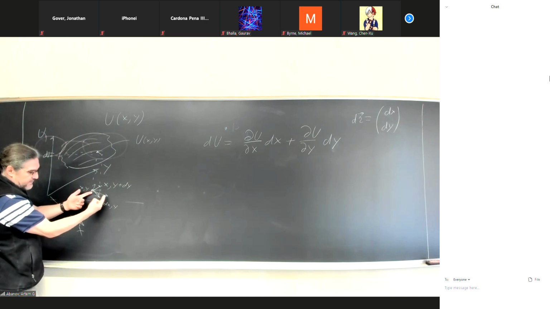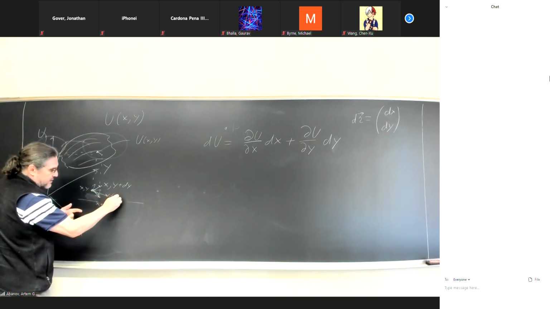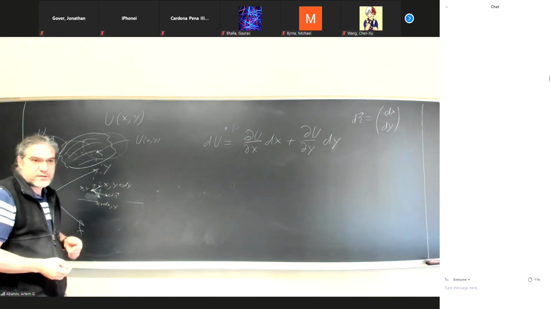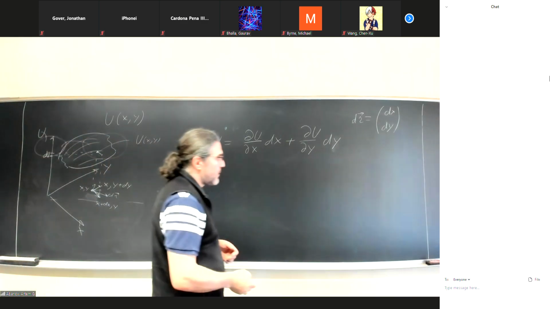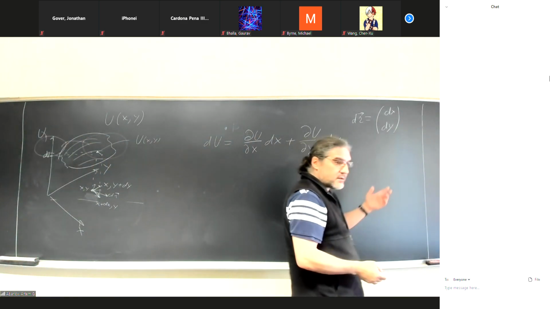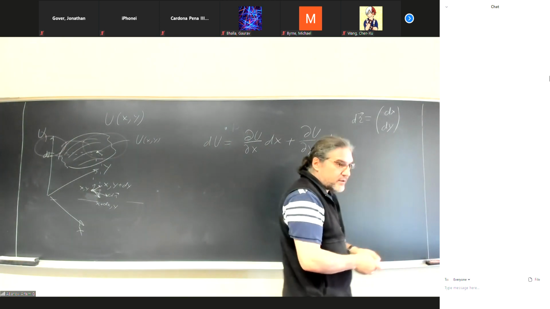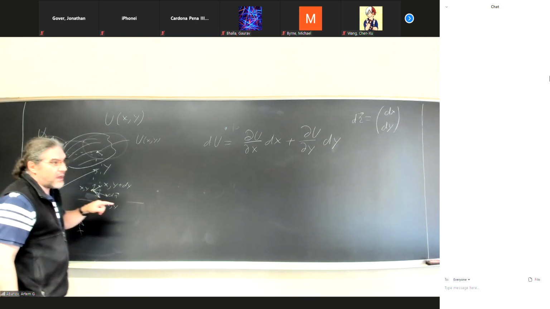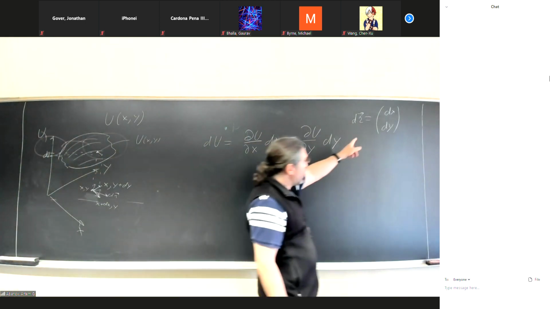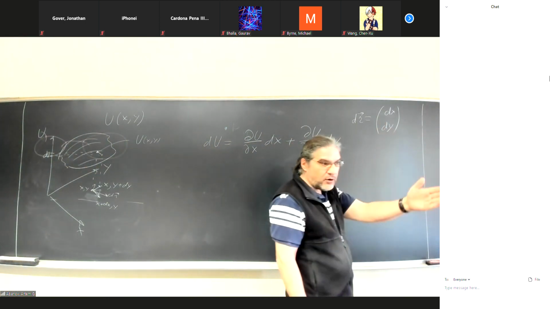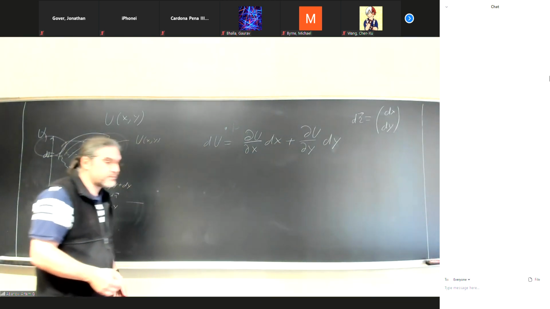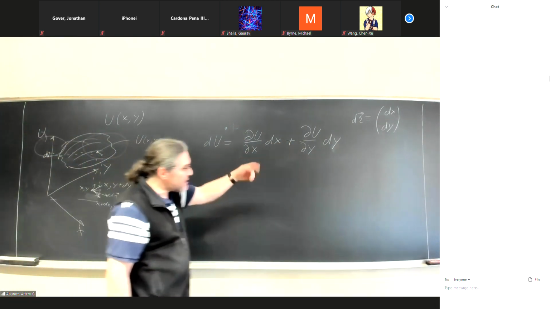So that displacement vector dr has a little dx and dy component. That makes sense? So literally you stay at this point, and this vector tells you where to go and how far. It's a displacement vector. Then I can rewrite this function.